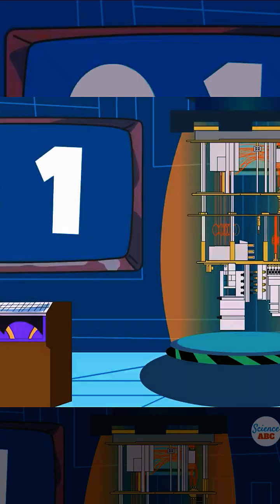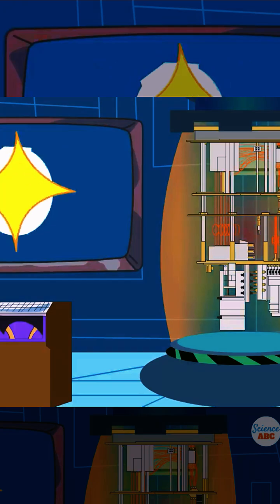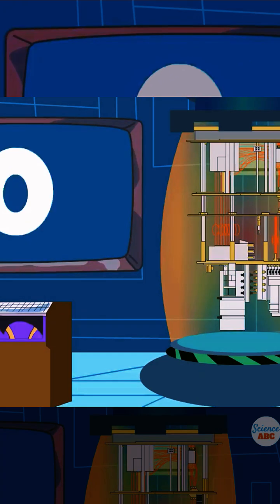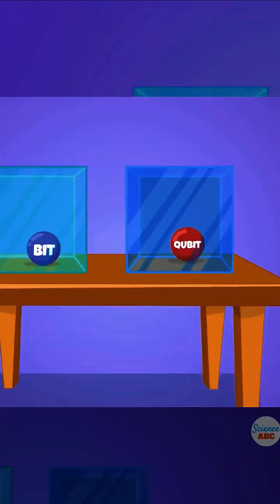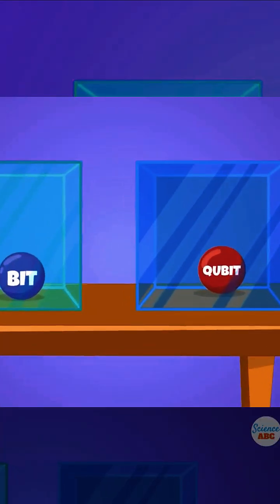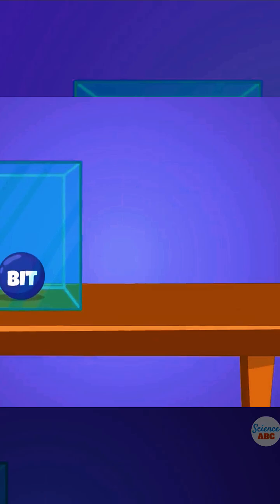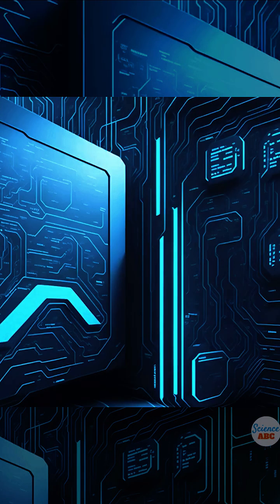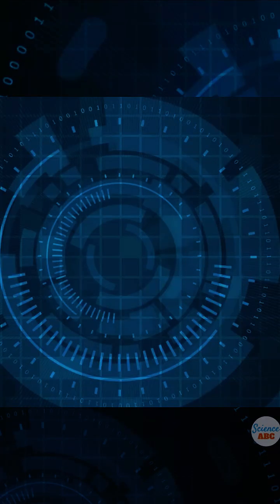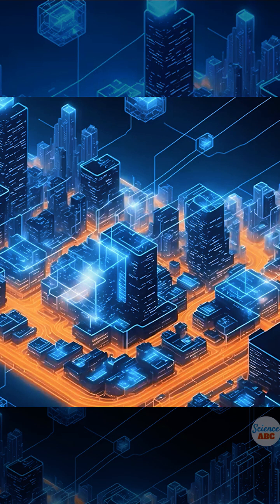Quantum computers, on the other hand, use qubits, which can exist in both states simultaneously, a property known as superposition. This unique ability of qubits opens up a world of possibilities, allowing quantum computers to process information in a fundamentally different way than binary bits, and potentially revolutionize the future of technology.